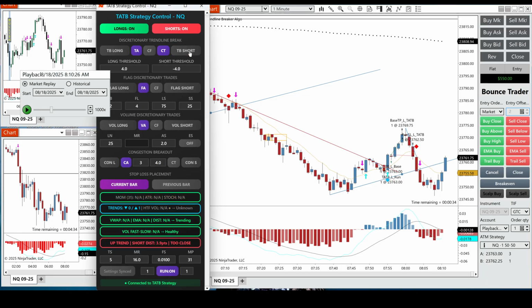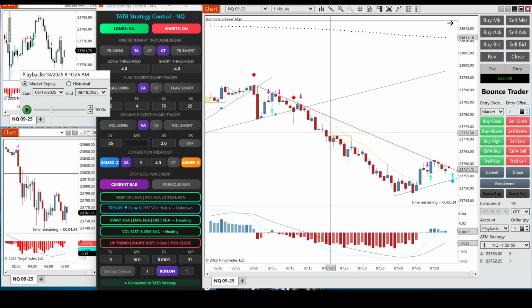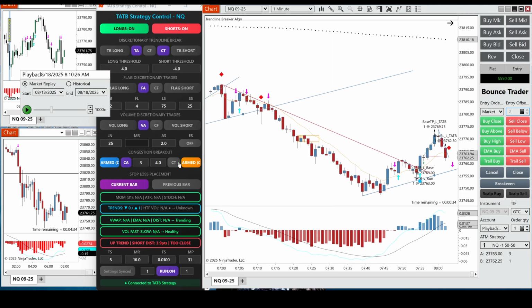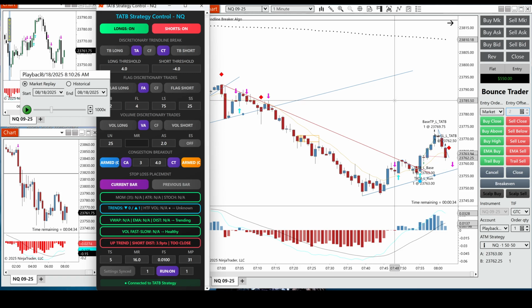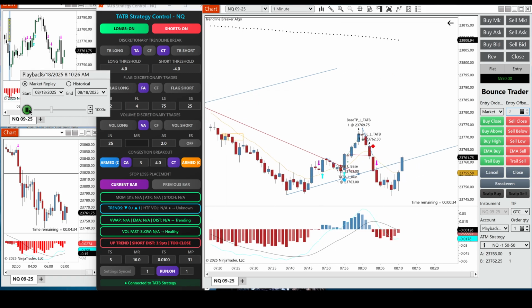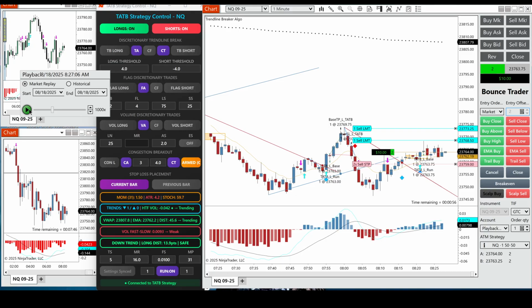Now let's do the test for congestion breakout. Congestions are these areas, and we're going to do them with compound. So congestion long breakout.